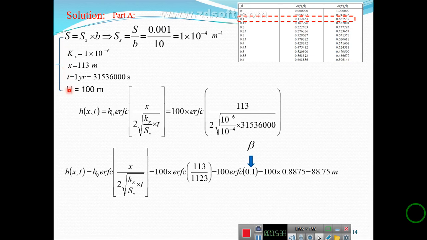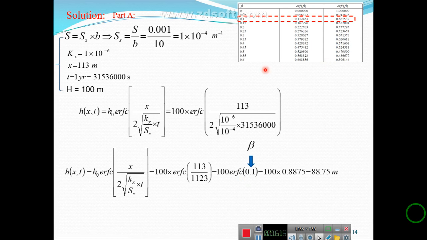Considering these values and putting them into the analytical equation, the result for head at distance 113 meters and for a time 1 year will be 100 times the complement of error function for a beta value of 0.1.